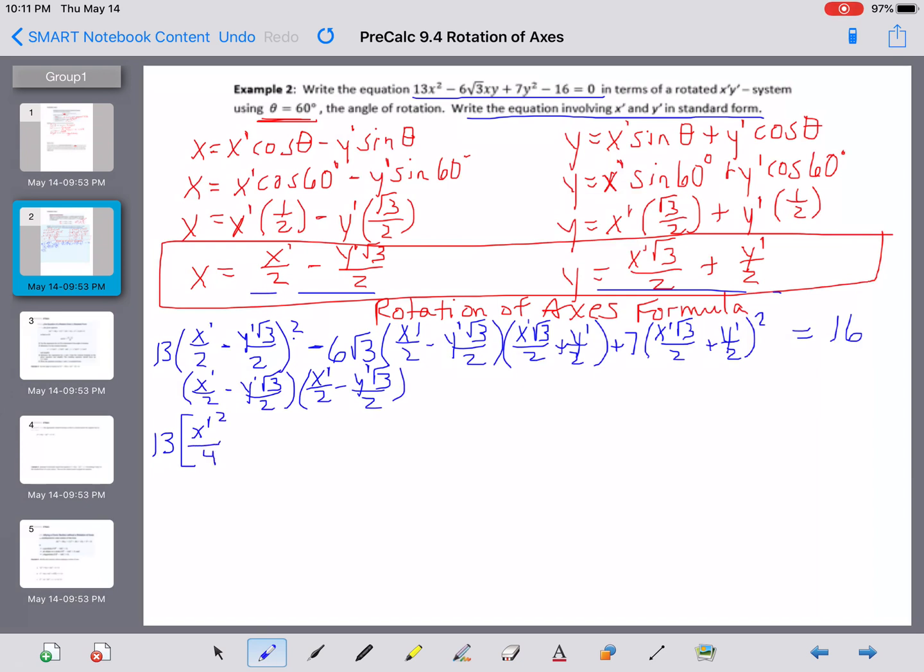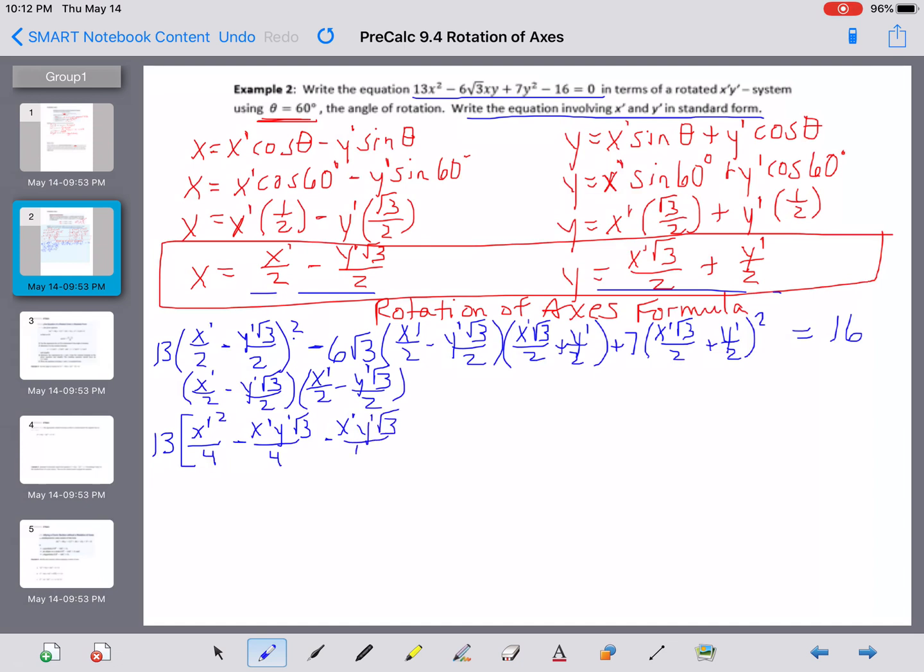Okay, that was my first. Outsides. So when I multiply x prime over 2 times negative y prime radical 3 over 2, I'm going to get a negative x prime y prime radical 3 all over 4. Okay, that was first outer. Now the inner. So my 2 in the middle there, and I'm going to get another x prime y prime radical 3 over 4.